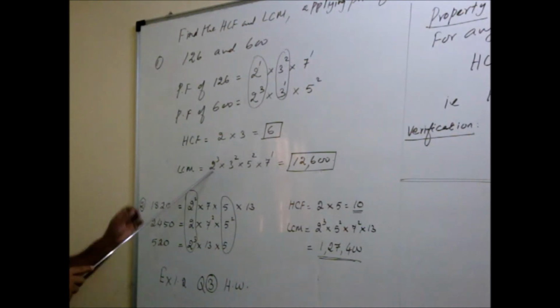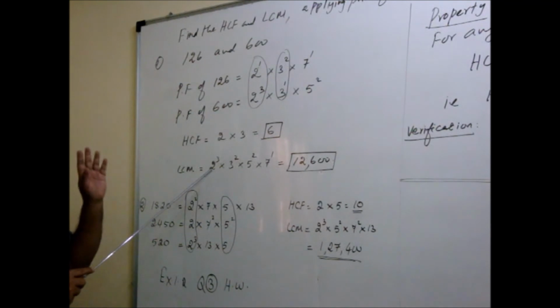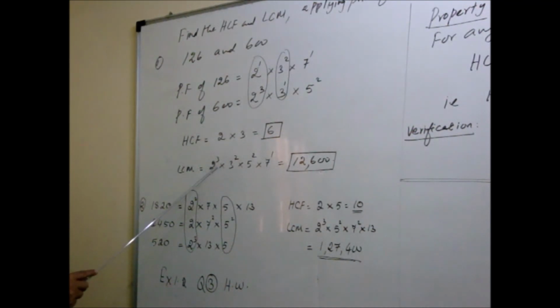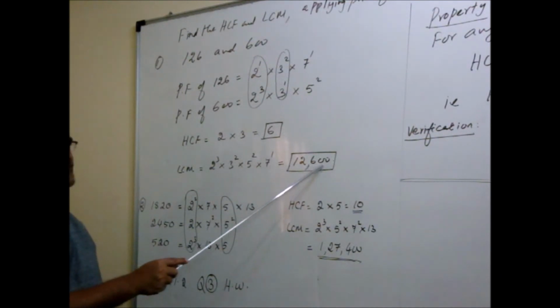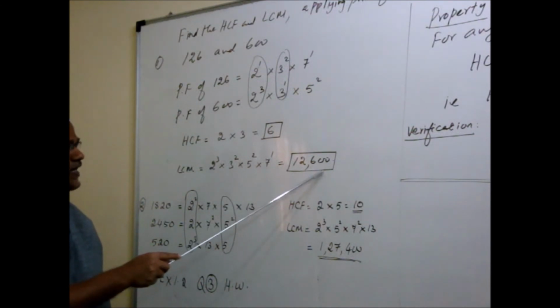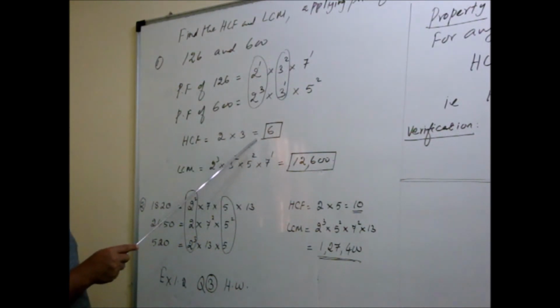I have to take the highest power involved in all these factors. It's 2 cube into 3 square into 5 square into 7. When I multiply, I get 12,600. 12,600 is the LCM and 6 was the HCF. So this is the way you find it out.